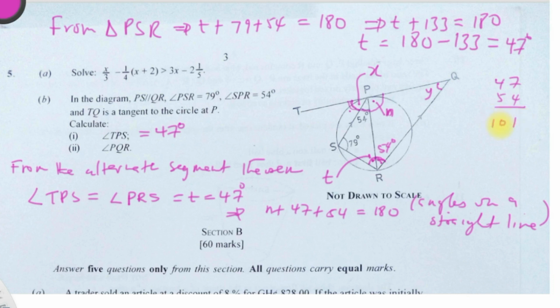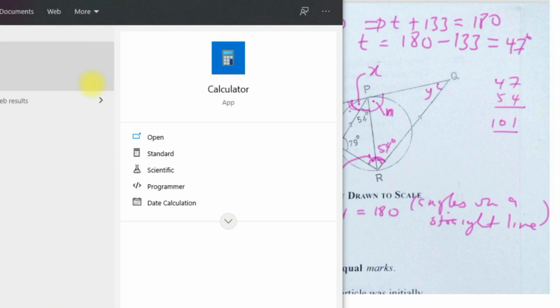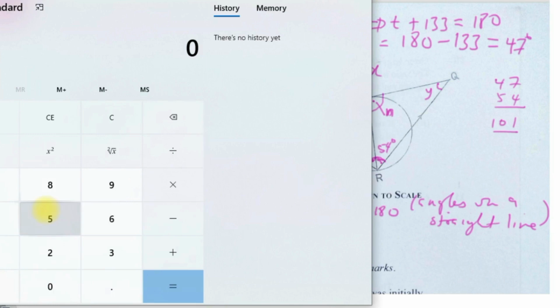Let me bring the calculator again. So 47 plus 54 is equal to 101 degrees.